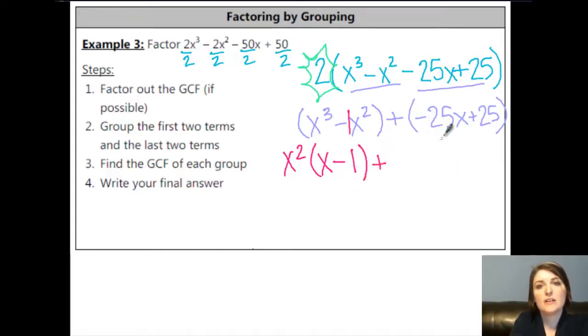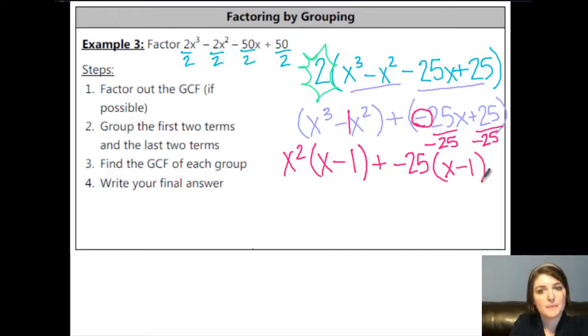All right, we're over here now. -25x and 25. Well, off the bat, I can decide I can divide them both by 25 because they're the same number. But then I remember I don't want a negative leading term, so I'm going to take out a negative 25, take out that negativity, and that leaves me with positive 1x and negative 1.